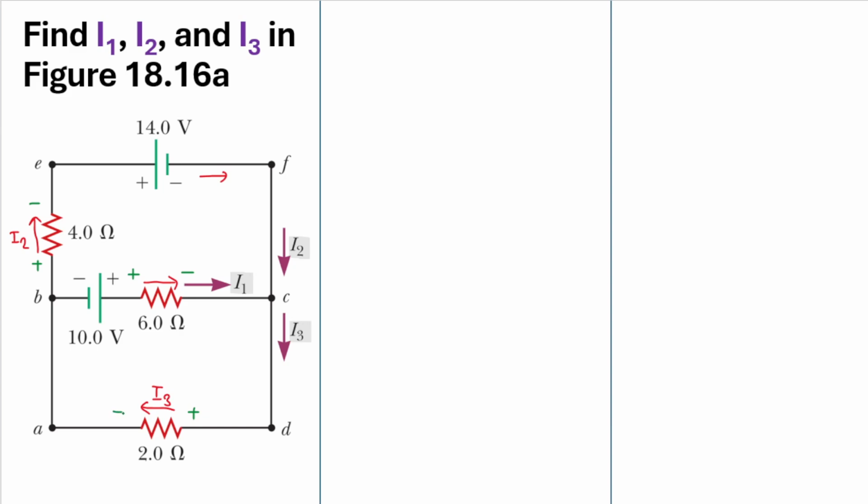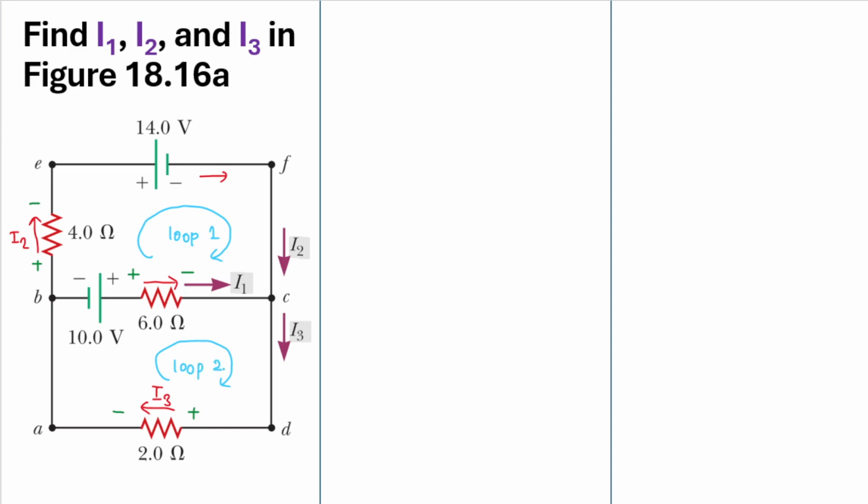Okay, this will be very helpful in applying loop rules, because here, let's label our loops. I will label this loop here as loop 1, and I also label this loop here as loop 2.